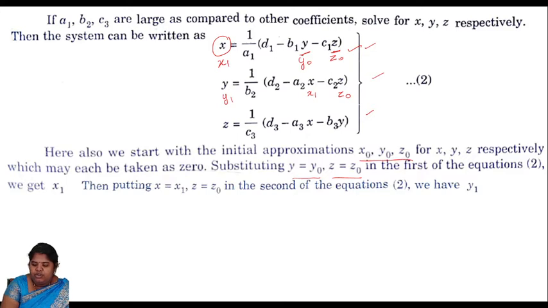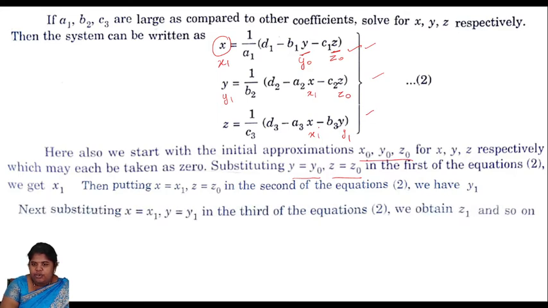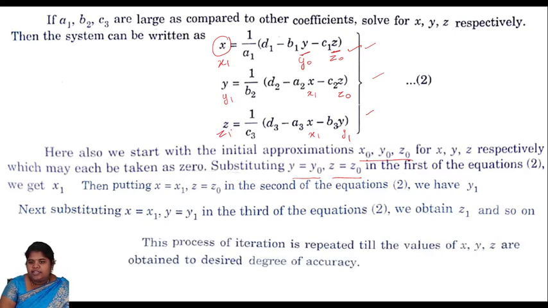In the third equation, in the place of y replace y1, and in the place of x replace x1. So substituting y = y1 and x = x1, we obtain z1. This process of iteration is repeated till the values of x, y, z are approximately equal.